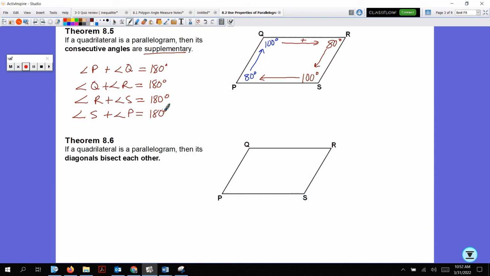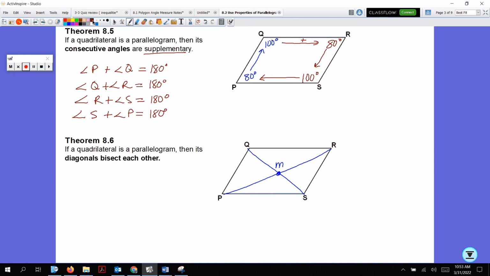All right, theorem 8.6 says if a quadrilateral is a parallelogram, then its diagonals bisect each other. What does that mean? That means where they intersect is split in half. So let's say there's this point, let's just call this M here, this point M where they intersect.